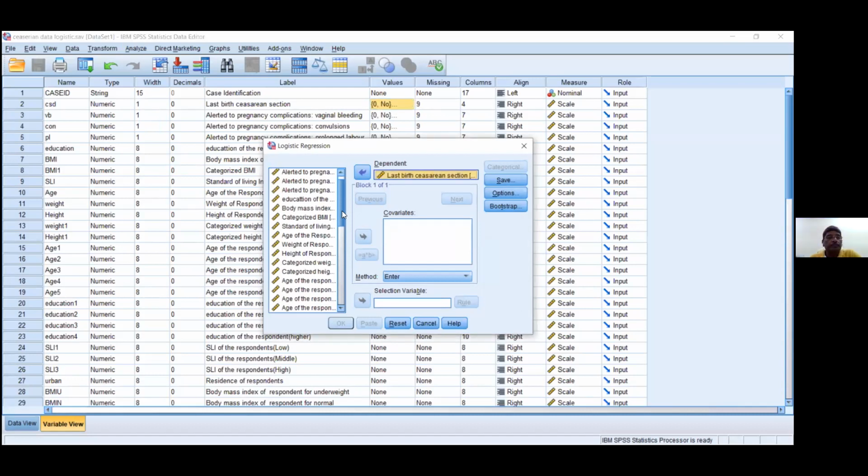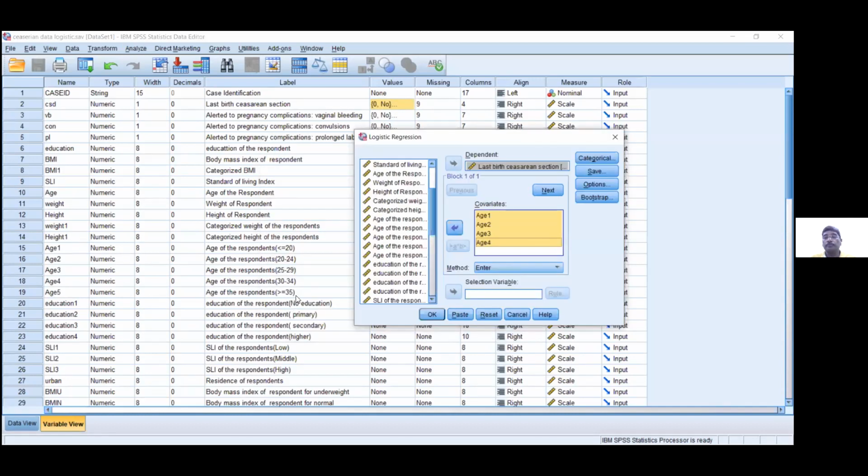Now come to the different predictors. Age: there are 5 categories. We have categorized age into 5 categories, so I would like to know the risk in younger females in comparison to older females.